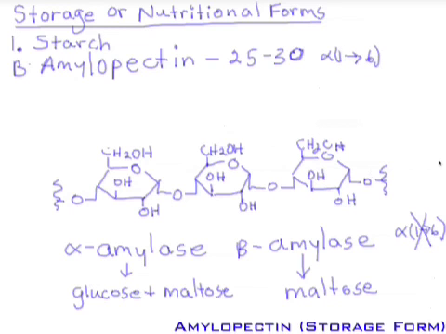In other words, as we go down this chain and we hit glucose unit 25 or 30, we'll get a new branch occurring.